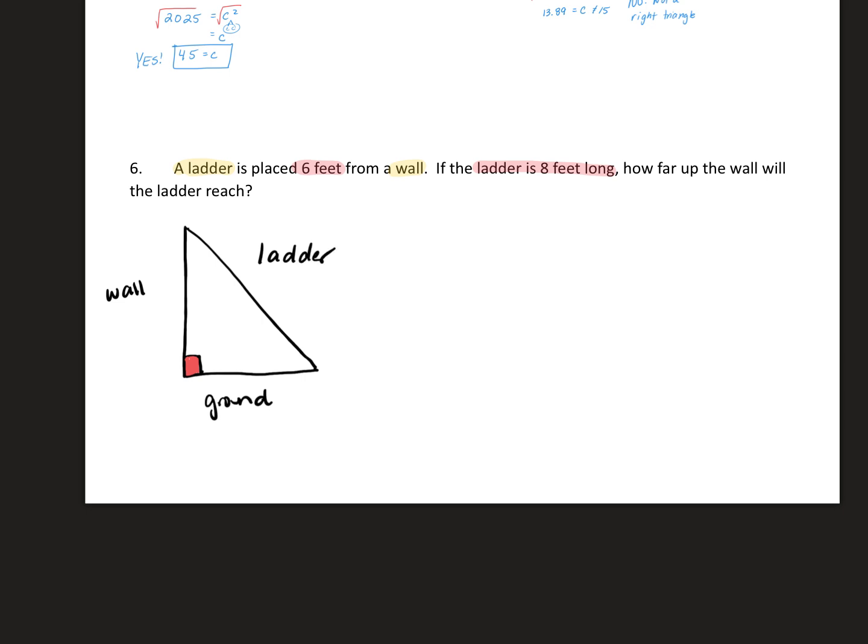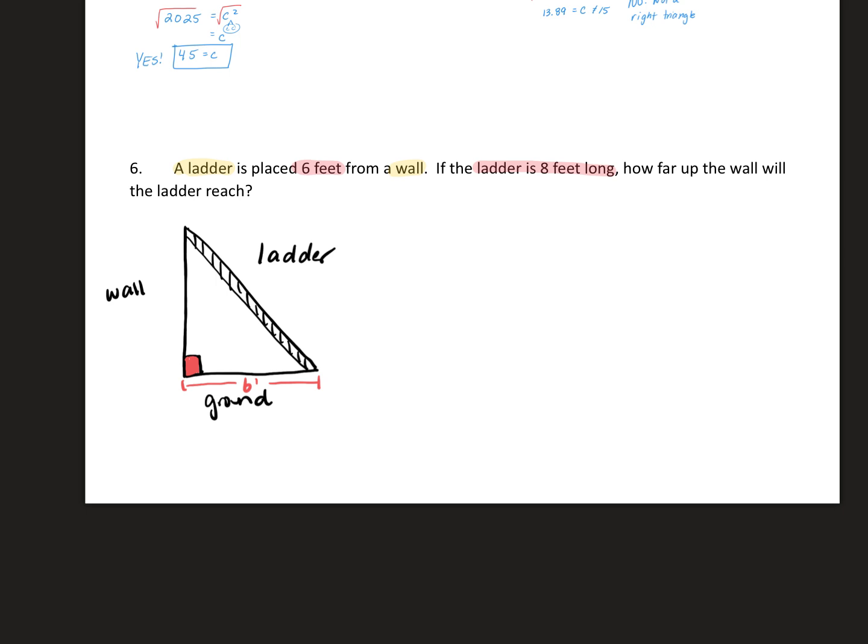If you want to make a little picture, this is your ladder, leaning against the wall. I like to draw little pictures like that. Now it's saying that the ladder is 6 feet from the wall. So what they're talking about is this right here. This is going to be our 6 feet.